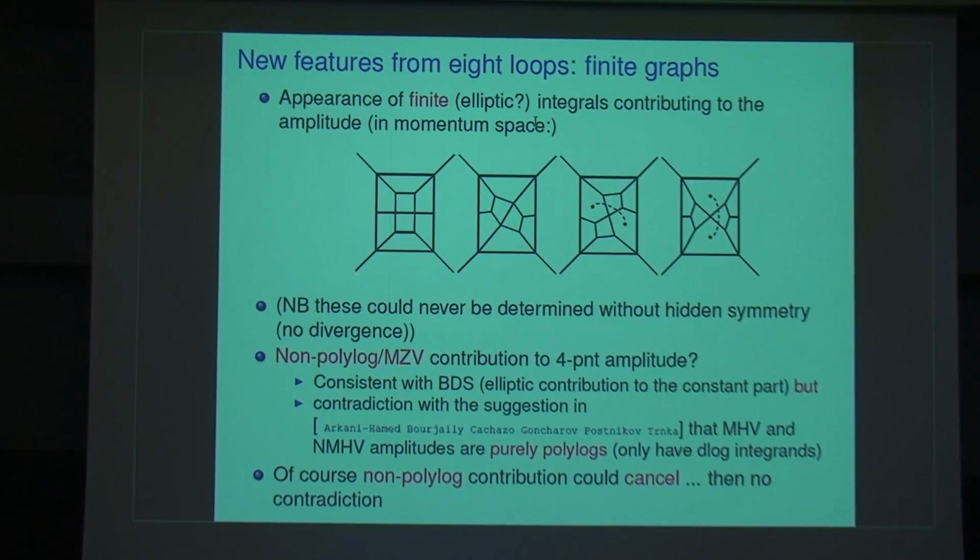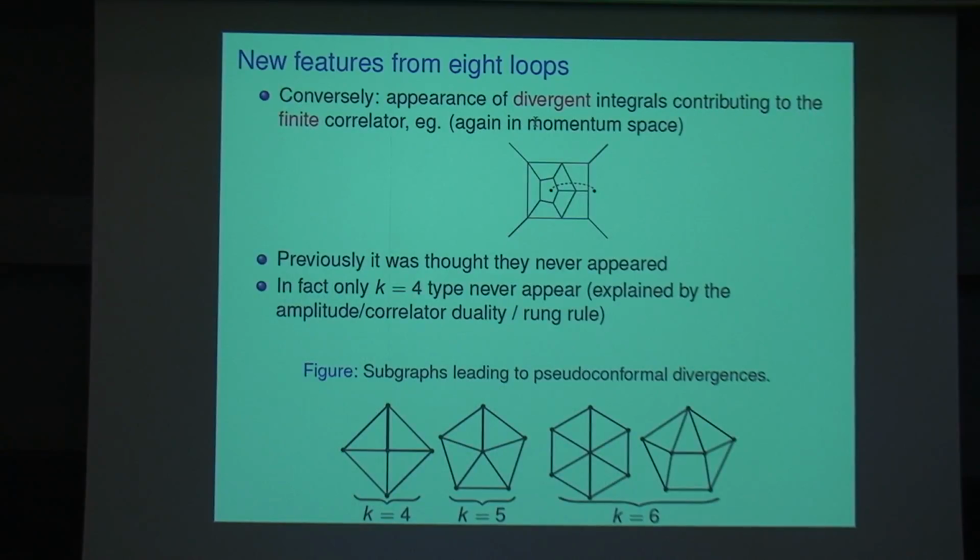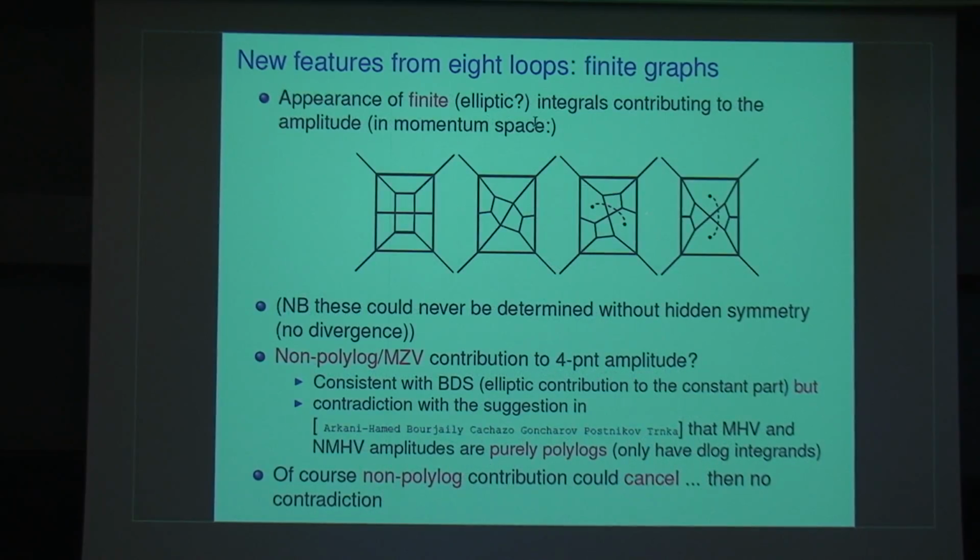Well, first of all, I don't actually know that there's anything non-polylog here. But in any case, there are 4 of them, so the non-polylogness can cancel amongst the 4 of them. Okay, but it's interesting that we see them in the result. And then there's almost the opposite result: the amplitude is divergent, but we see finite graphs.